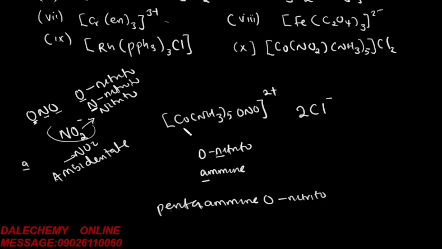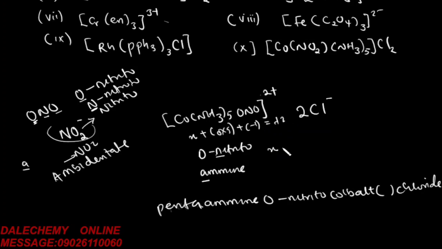Then you now name your metal, which will be cobalt. Then you put its oxidation state, then you have chloride. The oxidation state of this guy will be x, plus 0 times 5, then the nitrito is just minus 1. That will be x plus, in bracket, minus 1, which gives us plus 2 here.